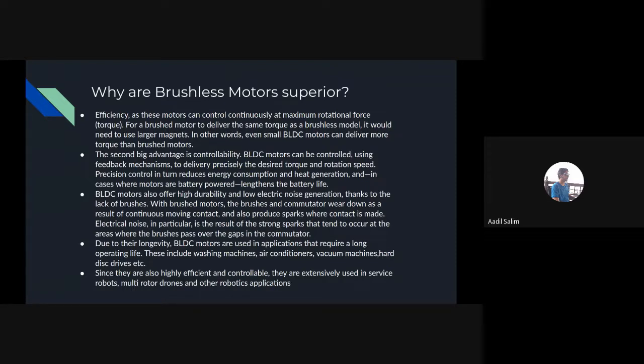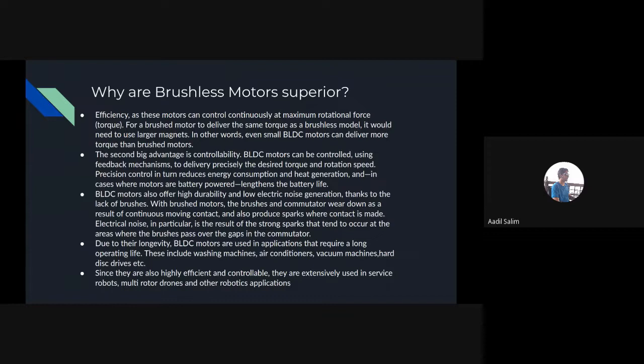Brushed motors cannot be used for those components that require a long life. They'll suffer wear and tear, frictional effects very quickly, and either they have to be repaired or most likely they will be replaced. Now, the application of brushless motors, due to their longevity, they are used in applications that require long operating life.